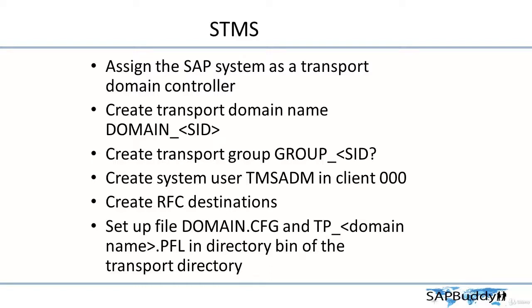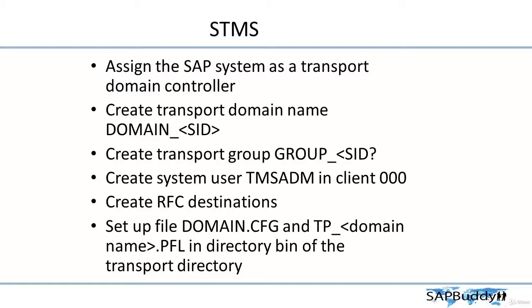Then it will create a transport group named GROUP_SID based on your system, and it will also create a user TMS_ADM in client 000.